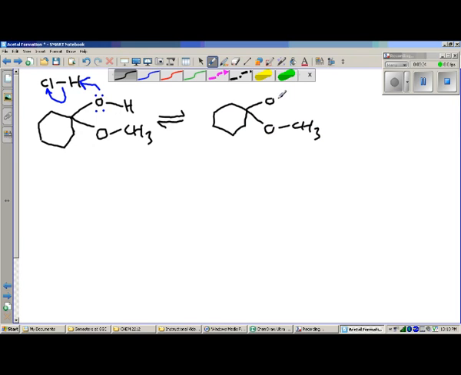And now, think about what we have here. We now actually have a protonated alcohol. So what are we missing on this carbon, on this oxygen, sorry? Well, we're missing what we have always had when we have an oxygen with 3 bonds, and that's a plus charge.